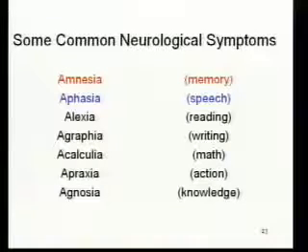Or a symptom known as agnosia, which is a lack of access to various kinds of knowledge. They can't identify objects that ought to be familiar to them and identify what they're for. It turns out that each of these symptoms, more or less, is associated with damage to a different part of the brain, okay?